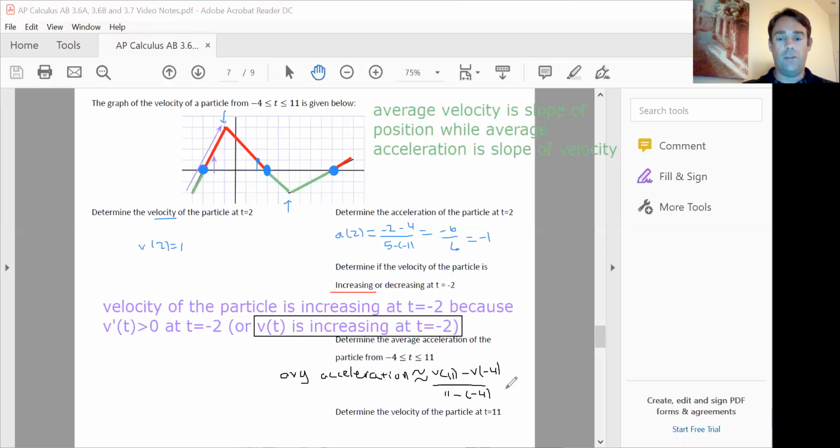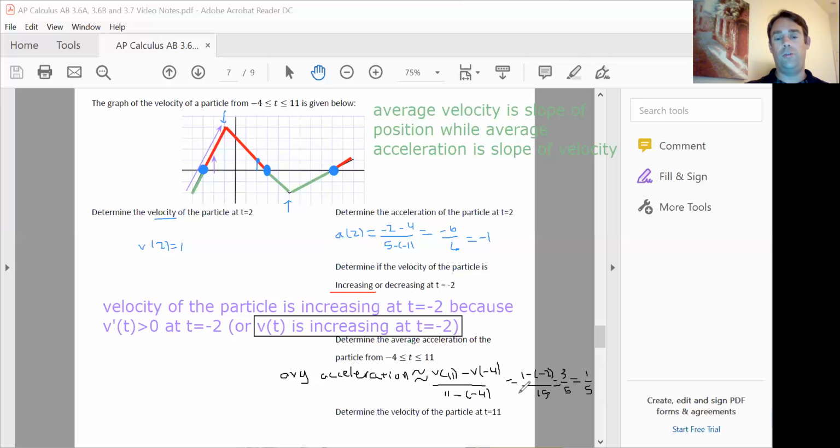So what is v of 11? That's 1 minus a -2, all over 15. So that's 3 over 15, or 1/5. That's my average acceleration.